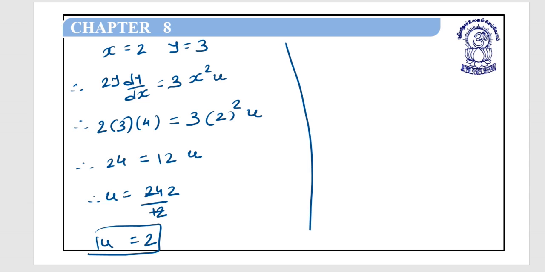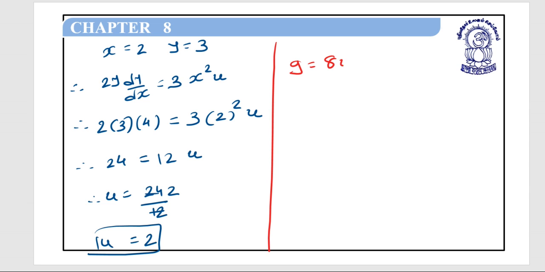Now put this into the first equation. 9 is equal to 8u plus v. So 9 is equal to 8 into 2 plus v.